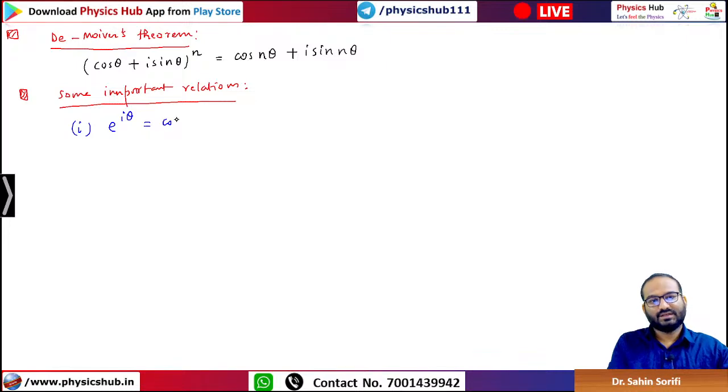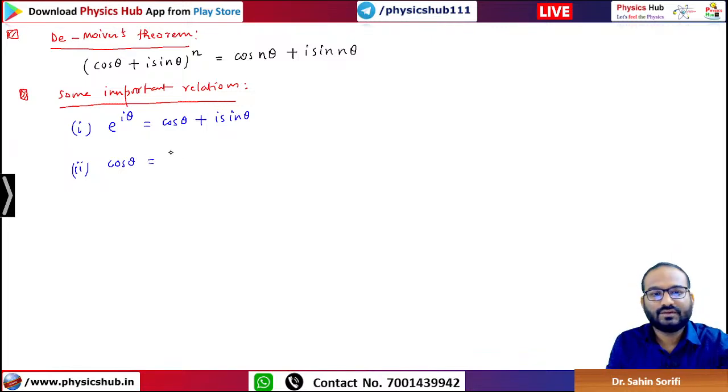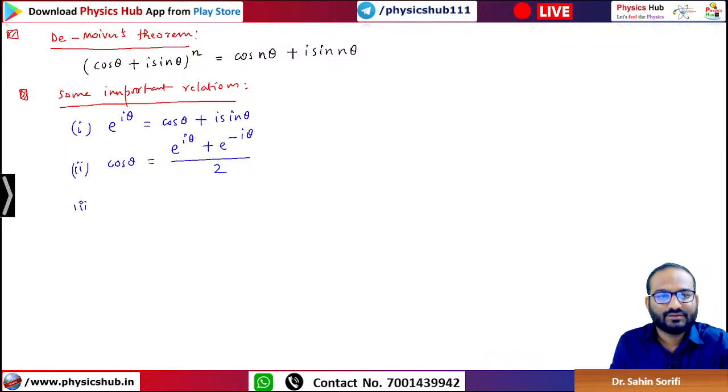This is cos theta plus i sin theta. Then your cos theta, how do you represent it in terms of complex numbers? e to the power i theta plus e to the power minus i theta divided by 2. This we are going to use many times. You have already known this, but let me just give you for the sake of completeness: sin theta is e to the power i theta minus e to the power minus i theta divided by 2i.